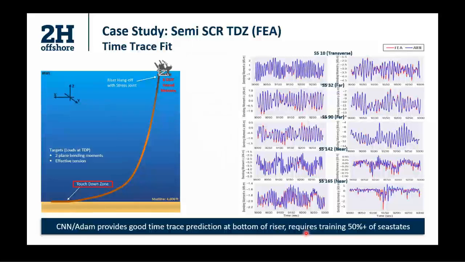The first step is, once we pass the information through the model, we obtain a range of different sea states and we compare the FEA time trace with the machine learning predicted time trace. What you can see for the two plane bending moments is that the machine learning model performs pretty well for a range of these different sea states, whether they be transverse, far, or near.